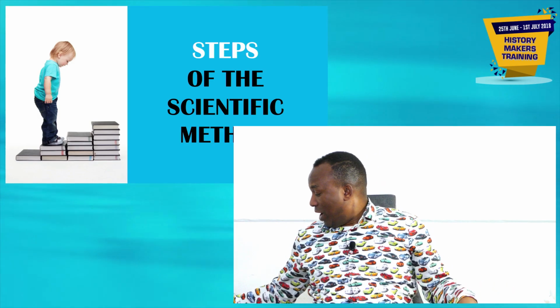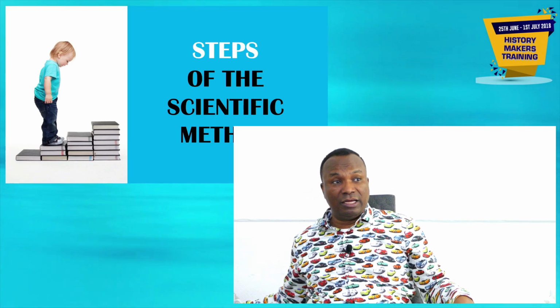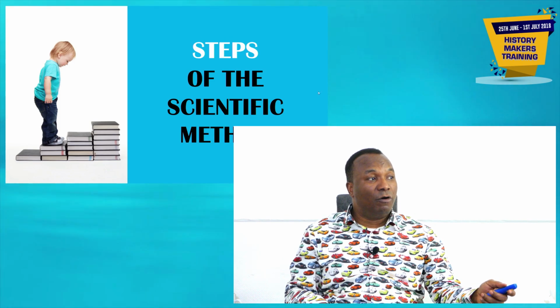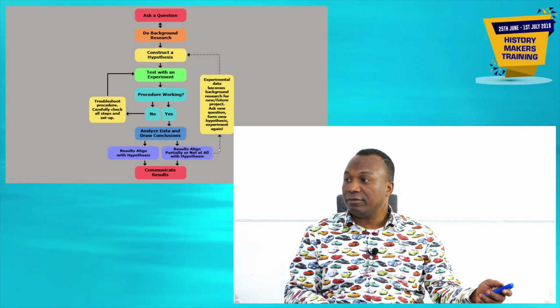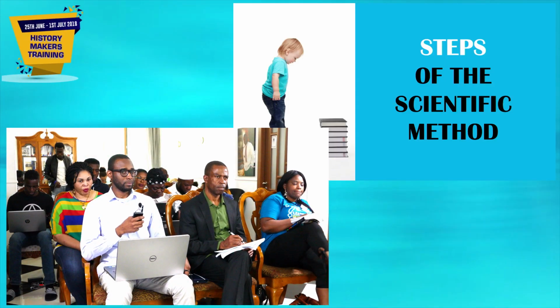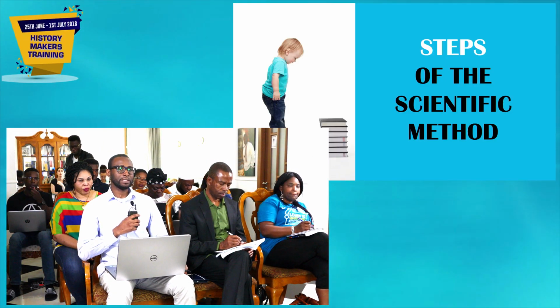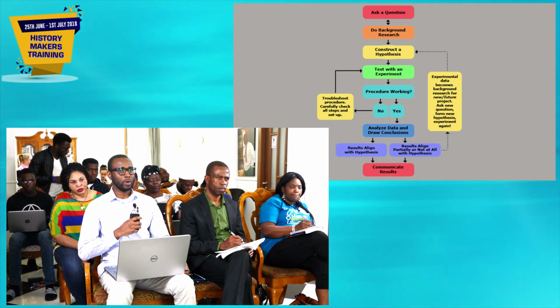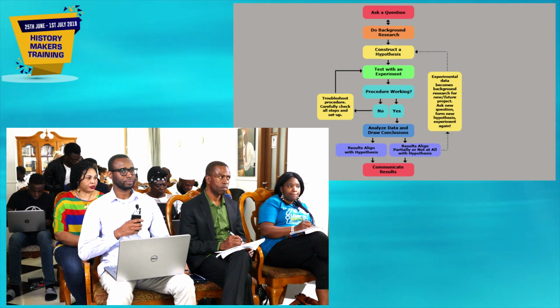All right, so we're going to now begin to study the steps of the scientific method. Okay? Steps of the scientific method. We are going to be seeing these steps all throughout.